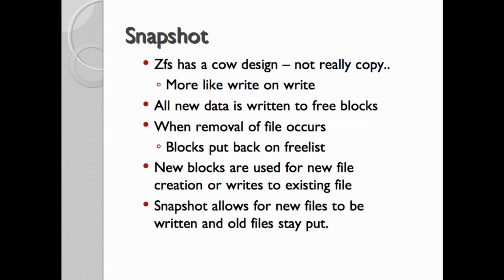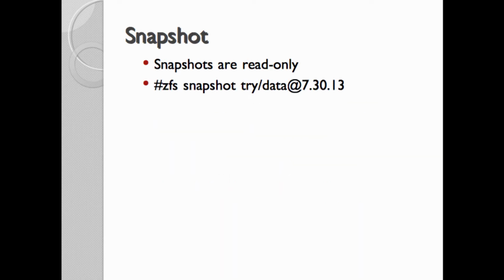So Snapshot allows that new files will write into free space, but the old blocks will stay put. So Snapshot kind of locks in those blocks. I always think of it as kind of like a symbolic link, but it keeps the older version. All snapshots are read-only. The syntax is of a data set, right? So you always have to say zfs snapshot this data set, but then you put an @ symbol and then any string that you want.